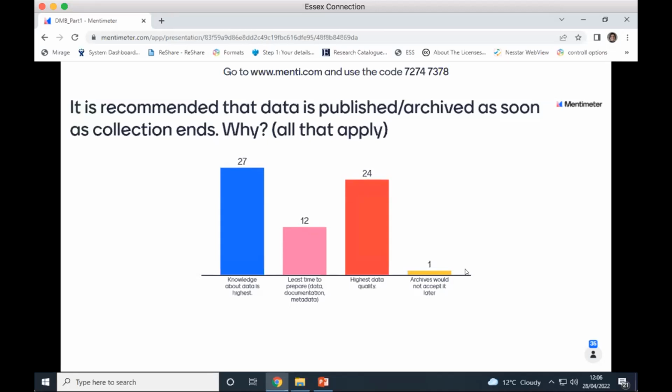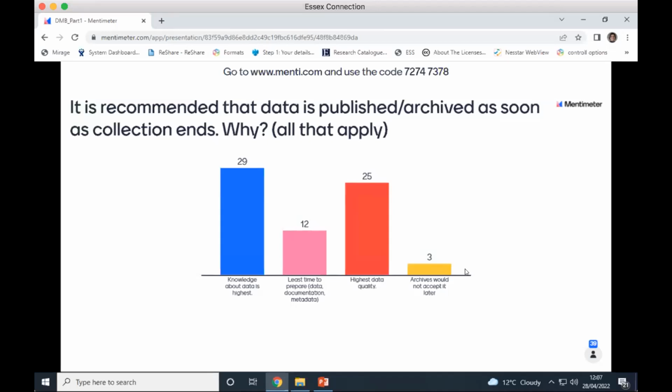Okay, so the correct answers here are that because the knowledge about the data is highest, you know, documentation might get lost in time if it's not well kept, or metadata, or, you know, we might forget important details about the project that we would be able to remember as soon as the collection ends.